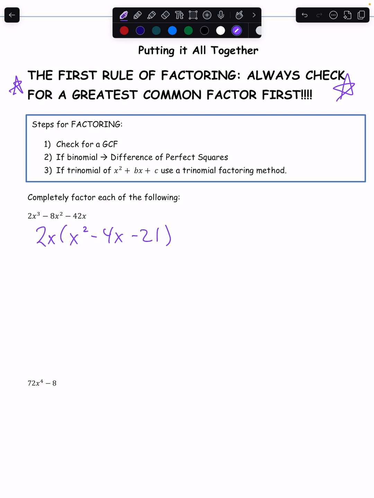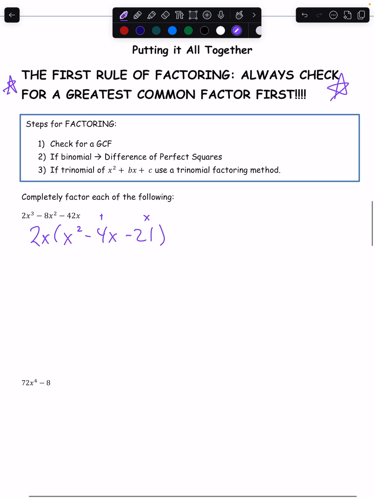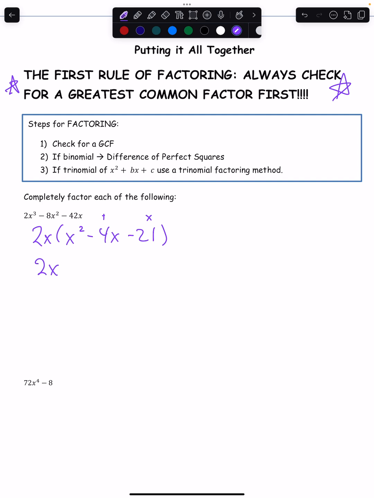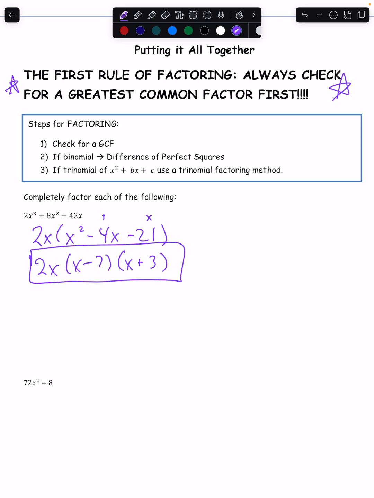Two numbers that add to negative 4 and multiply to negative 21 would be negative 7 and 3. So that would be, don't forget the GCF out front, keep writing it, 2x, x minus 7, x plus 3. And can we factor that anymore? We can't. So that would be our answer.